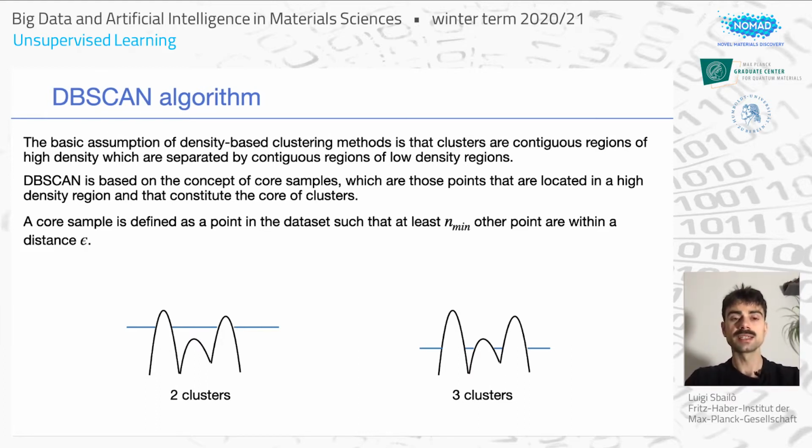The idea is that you have regions of high density points, and those regions are your clusters. And the high density regions are separated from each other by a sea of noise. So the idea is that you have islands, and those islands are the clusters, and you have a sea, and the sea is the noise.